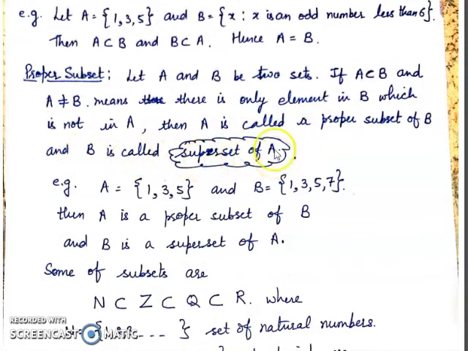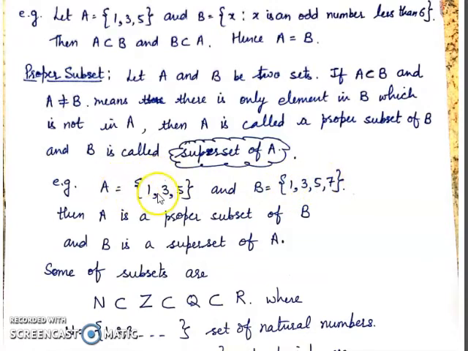I will explain this by an example. Suppose A is a set with elements 1, 3, 5 and B is a set with elements 1, 3, 5 and 7.